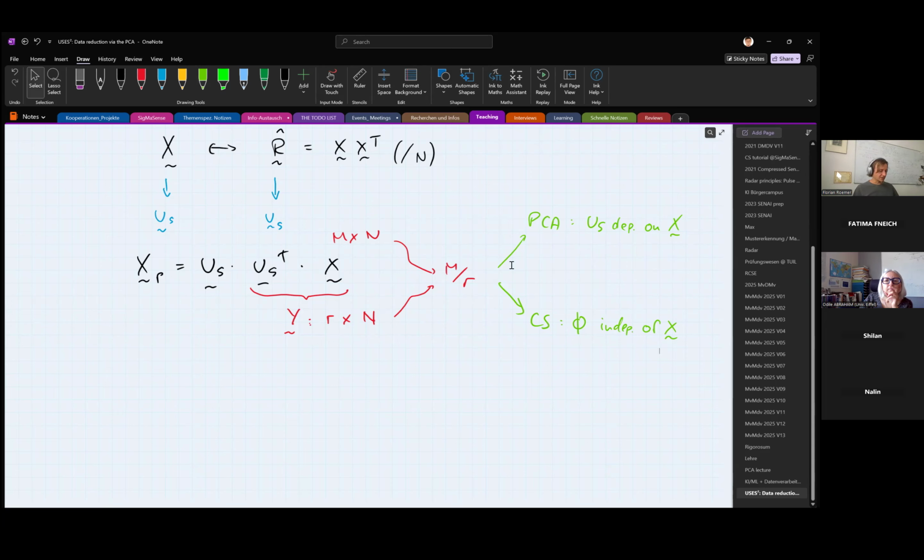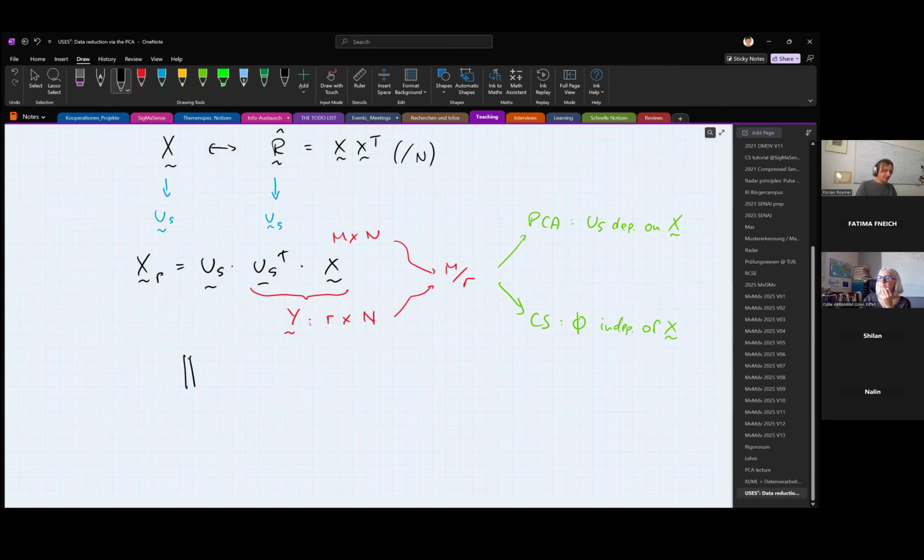Okay, but anyway, that's basically how a PCA works. Get the dominant eigenvectors of the covariance matrix or the dominant singular vectors of your data, apply U_S transpose times X, here's your SVD, and at the decoder do U_S times this to get the data back. One more comment before we look at the example: what's the amount of error we make, we might ask.